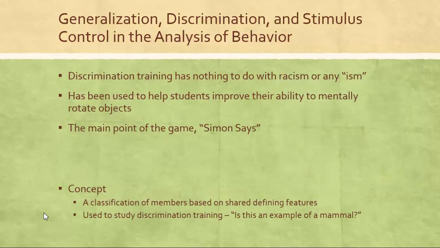The word concept usually refers to any class the members of which share one or more defining features. The defining features allow us to discriminate the members of one class from the members of another. For example, all spiders have 8 legs.